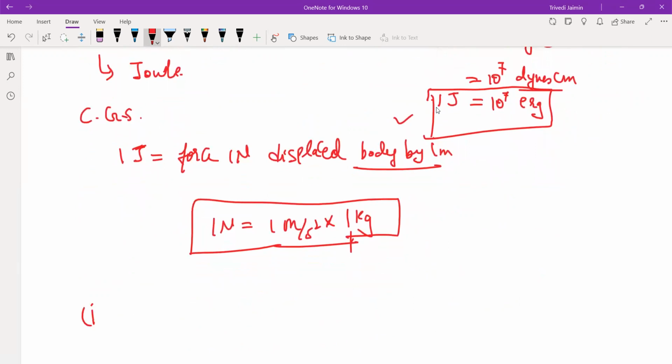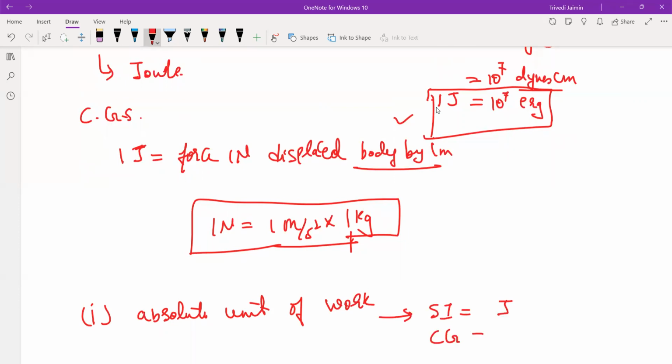So what we saw here is an absolute unit. The absolute unit of work in SI is joules, in CGS is erg.